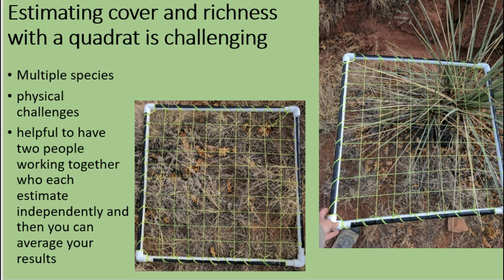Estimating cover is challenging with a Quadrat. It is especially challenging once we get into looking at richness with multiple species trying to estimate cover. There are physical challenges to using the Quadrat. So for example, here we have lots of yucca in our landscape.